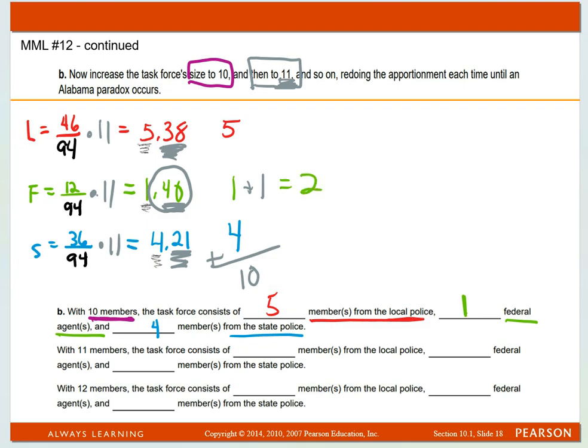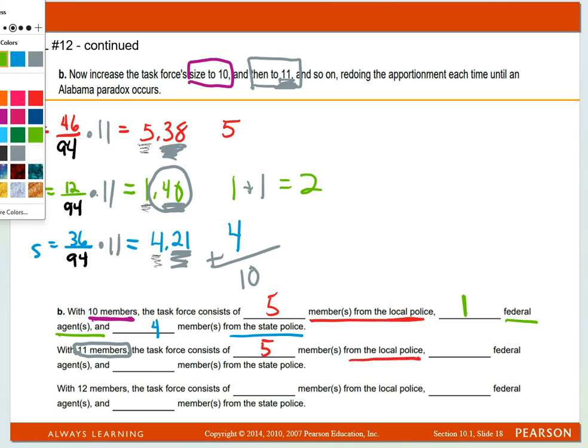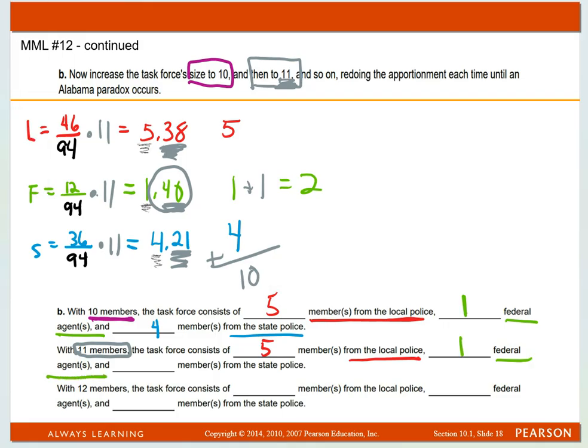So when you go down here where it says with 11 members, there will be 5 for the local police and 2 federal agents, not 1, my bad, I even wrote it up there, 2, right here, and 4 on the state police.